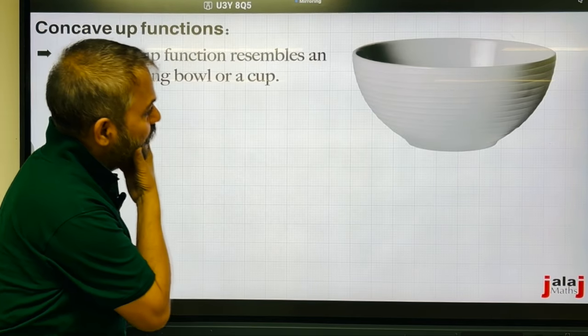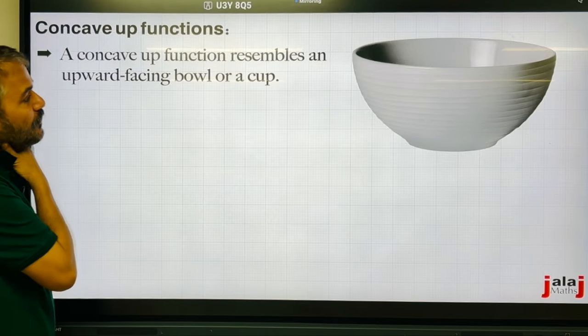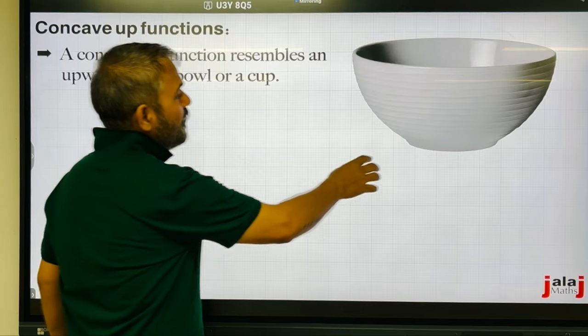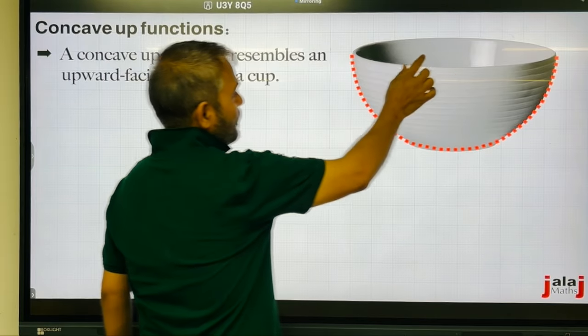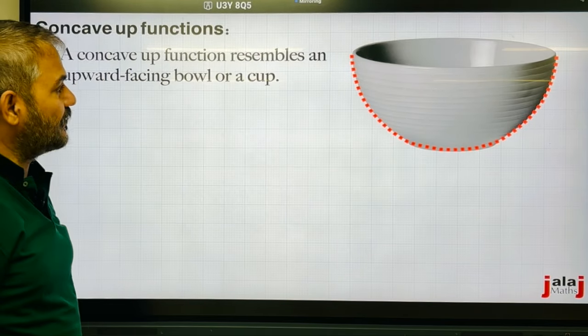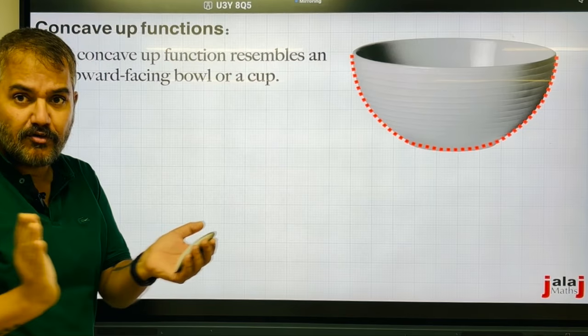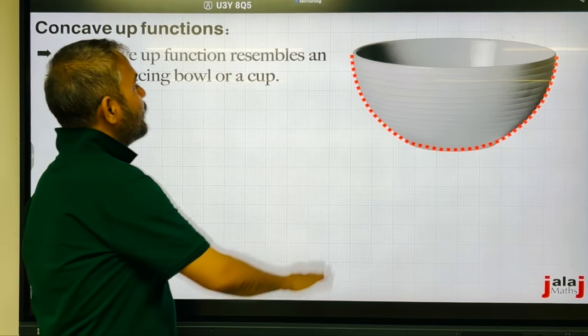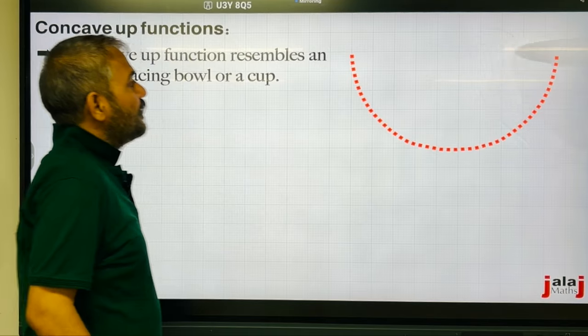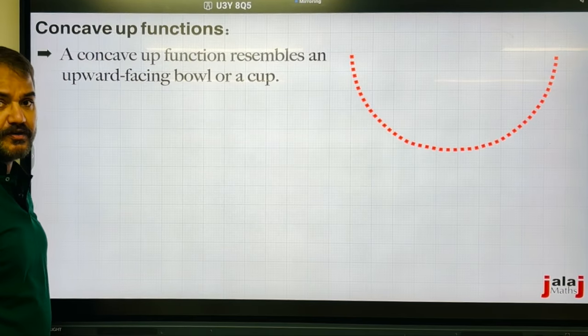For example, this is your soup bowl or noodle bowl. If we take a curve which resembles this, this sort of function which looks like it is moving up is a concave up function.